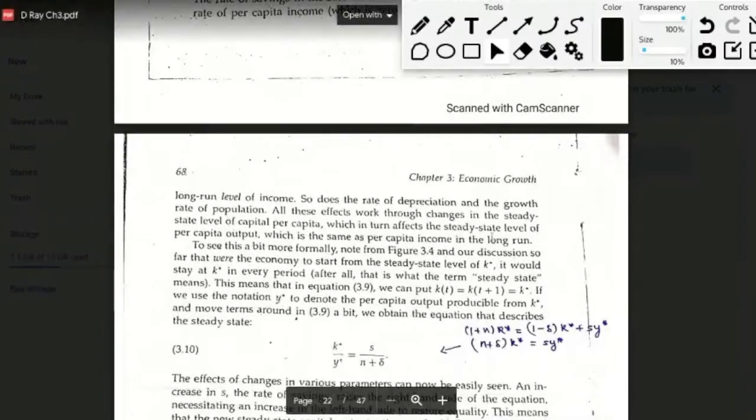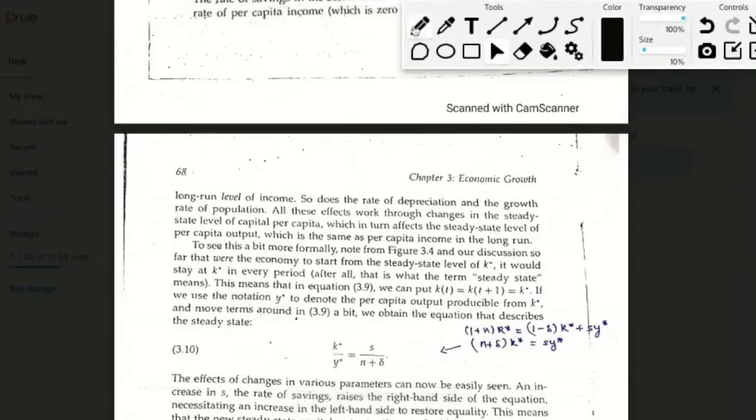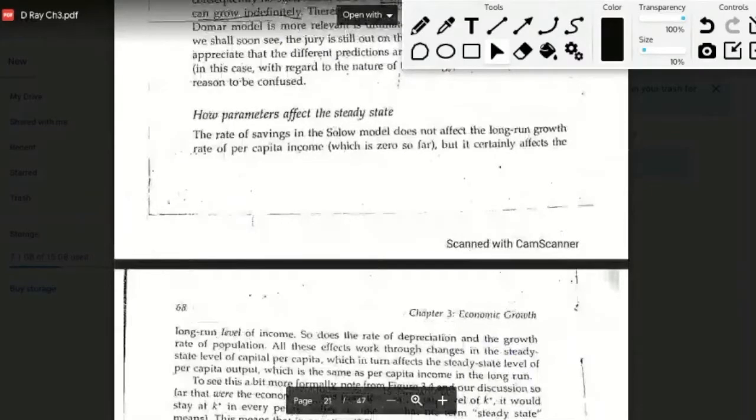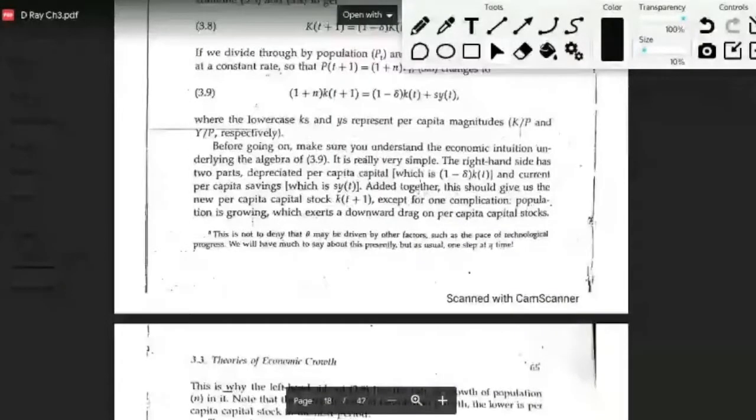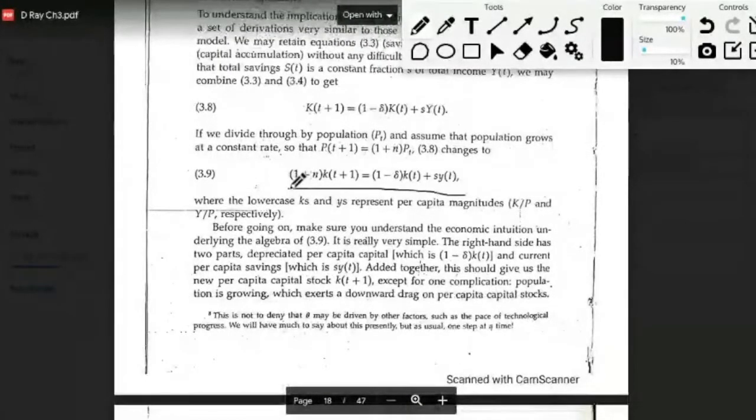If we go back and revise the main equation of the Solow model, which was this equation, and now try and calculate the formula of the steady state of capital per capita from the same equation.